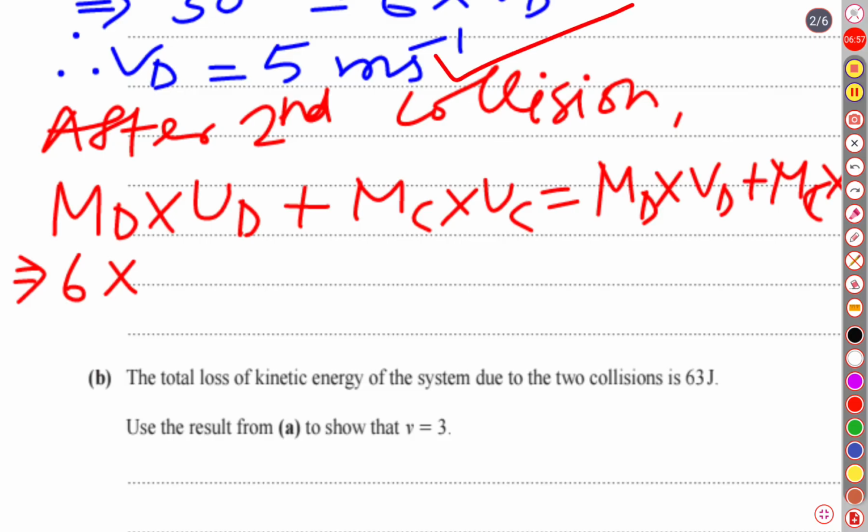It was nothing but 5. So 5 plus the mass of particle C, which was 2.